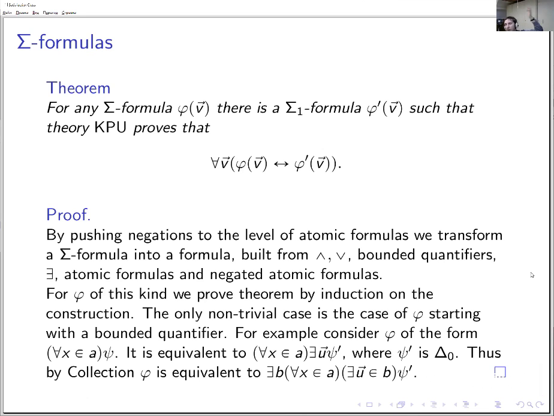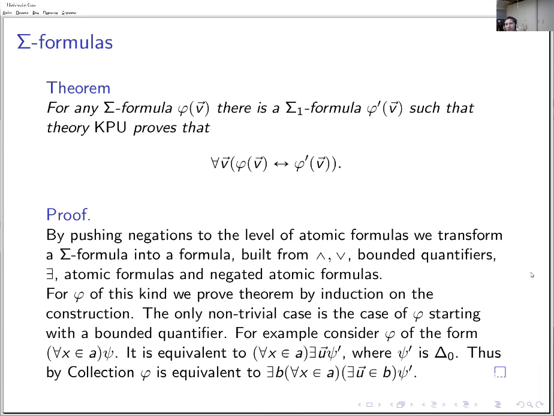After that, we have a formula with conjunctions, disjunctions, bounded quantifiers of both types, and only existential unbounded quantifiers. For these formulas, we prove the theorem by induction on the construction of the formula.